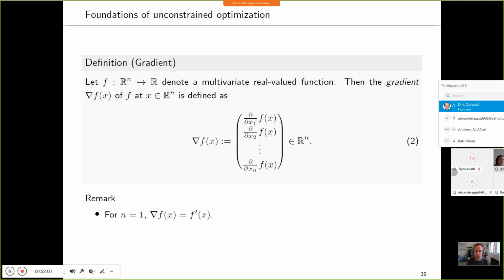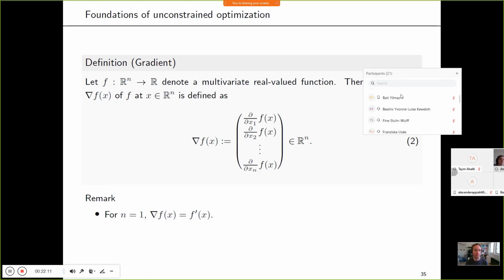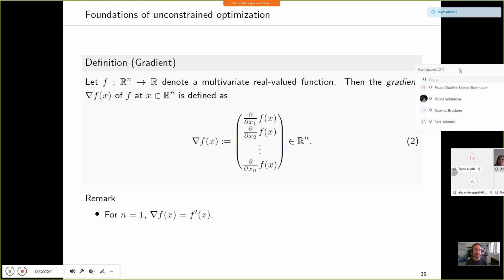Does anyone remember what that is called and what form it takes? So the first derivative of a multivariate vector-valued function? No? No one? Exactly. You can also just turn on your mic. Yes, it's the Jacobian.